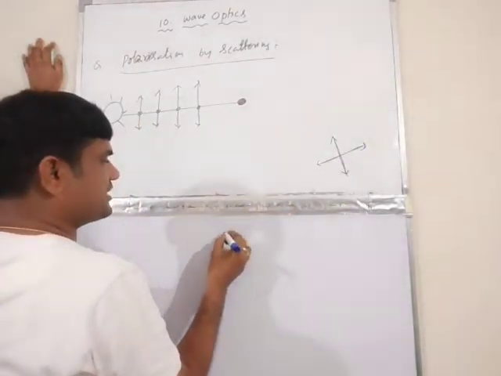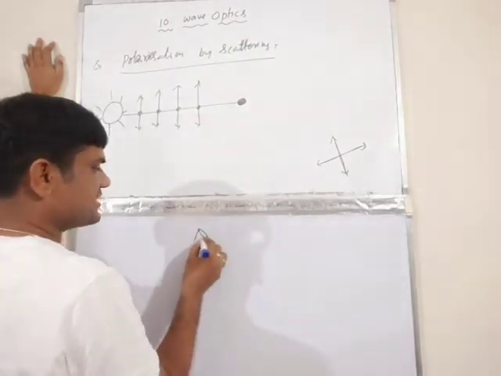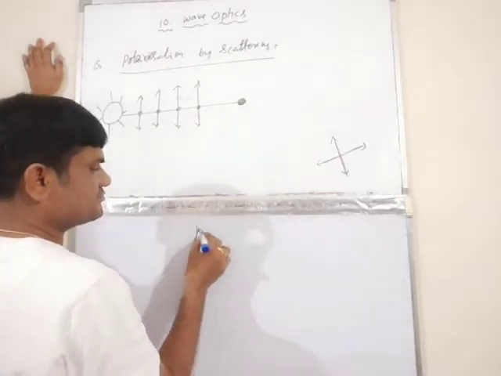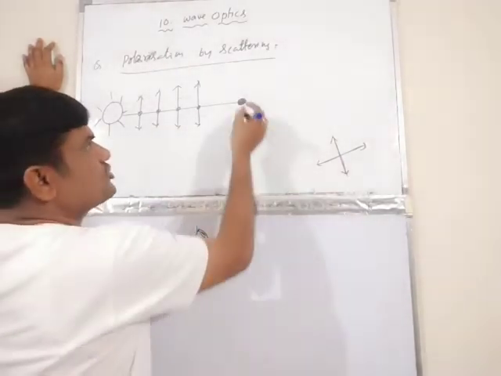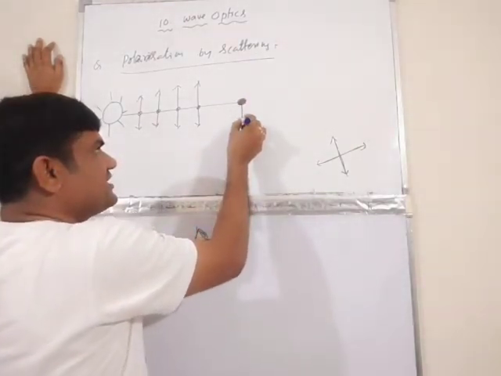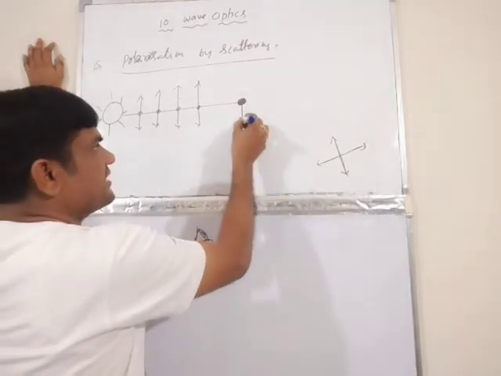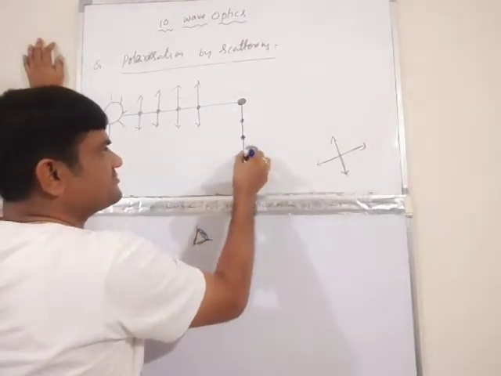So for example, here the observer will be there. Then what happened? He can observe the light reflected in this direction. He can observe this light, and it is plane polarized.